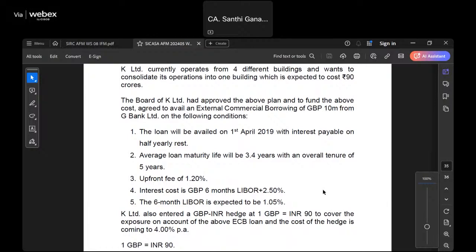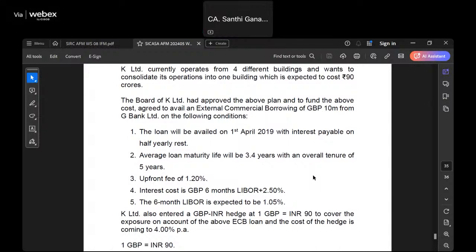K Limited currently operates from 4 different buildings and wants to consolidate its operations into one building, which is expected to cost 90 crores. The board of K Limited had approved the above plan and to fund the above cost agreed to avail an external commercial borrowing of GBP 10 million from G Bank Limited on the following conditions.